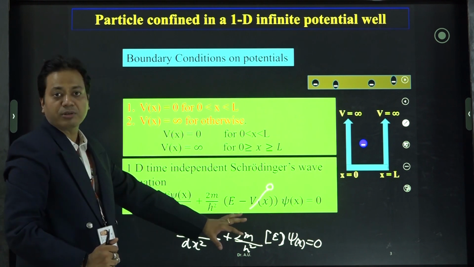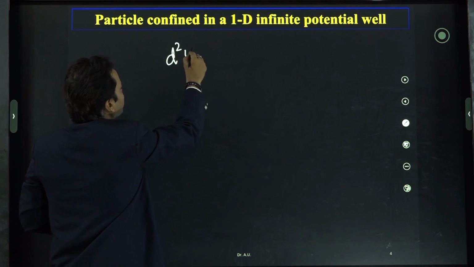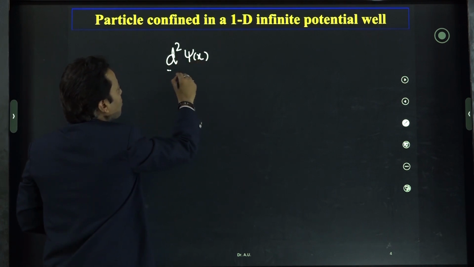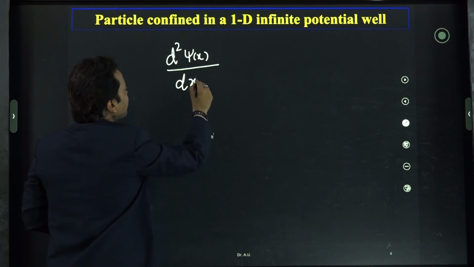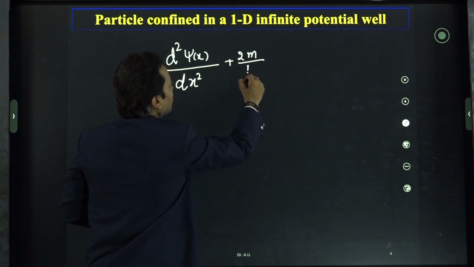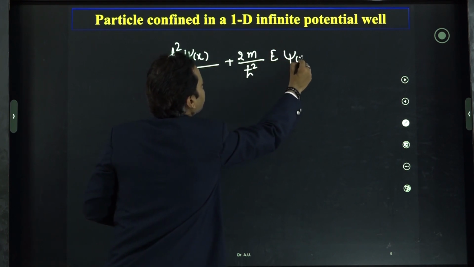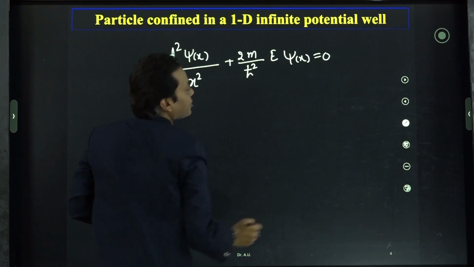Now, we have to solve this Schrodinger wave equation: d2 psi of x over dx square plus 2m over h cross square E psi of x is equal to 0.